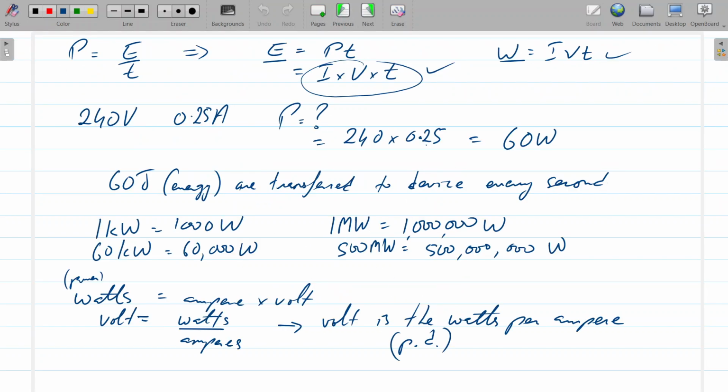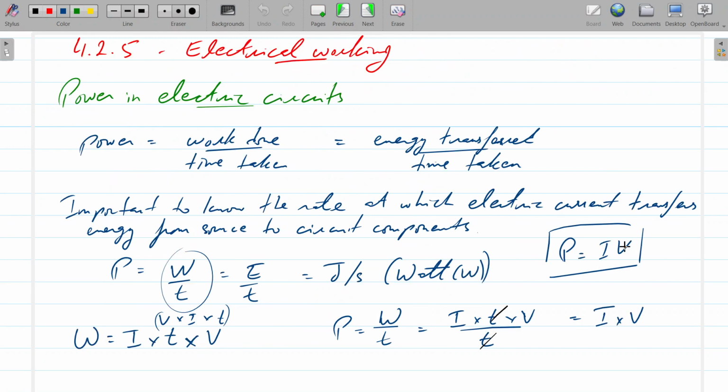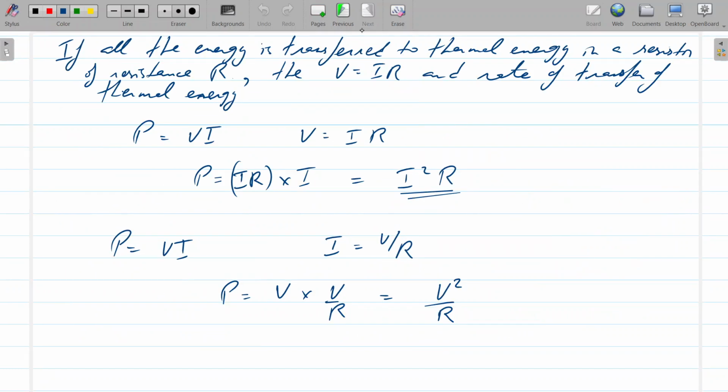You can find power directly when you know the current and the voltage, so P equals IV or VI, however you want to say it. Or if you don't know the voltage but you have the resistance, you can still find it. If you don't know the current but you have the resistance and voltage, you can still find what the power of a component is.